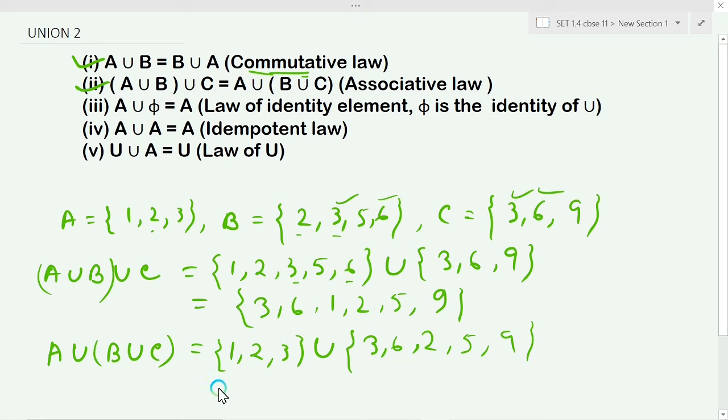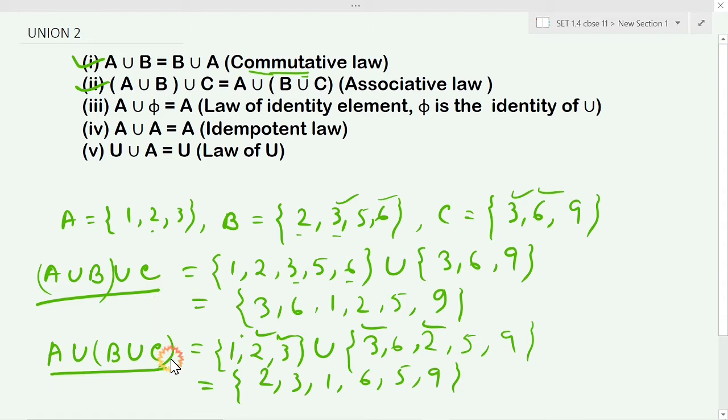Okay. Then the other elements 2, 5, 9. And after calculation we get, for these two union, 3 and 2 are common. So 2, 3, then the other element is 1, and for these two 6, 5, 9. So look at the elements of these sets.